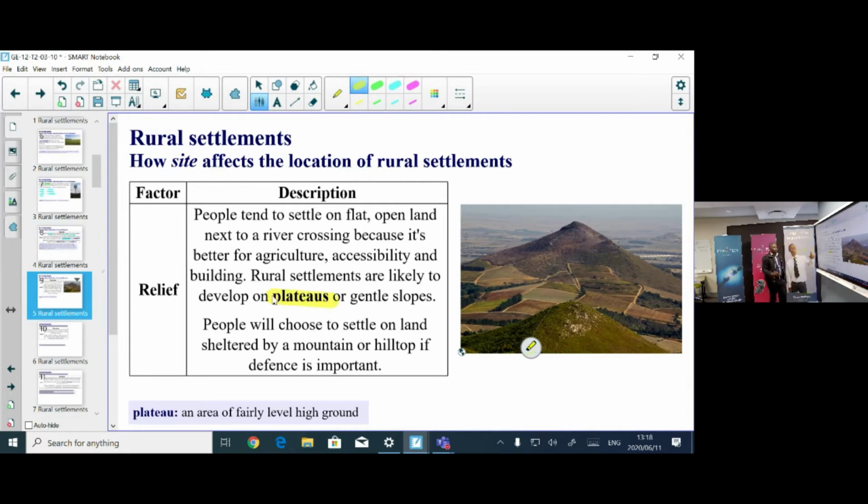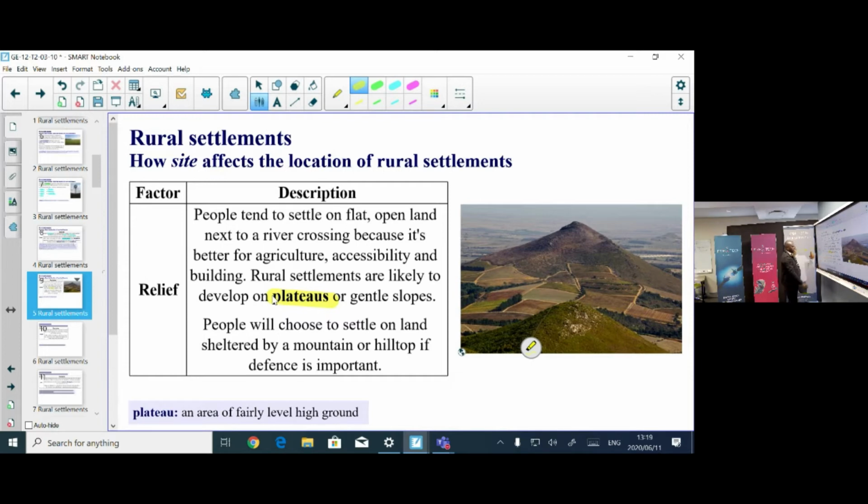This is an area on the surface of the land which is generally flat. So people are likely to settle on those plateaus because the rain will have more seepage into the ground and there will be less runoff. That will mean the nutrients will be retained in the ground and there will be enough moisture for crop growth.